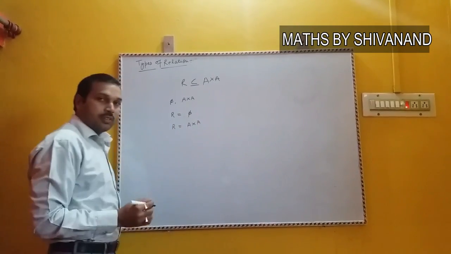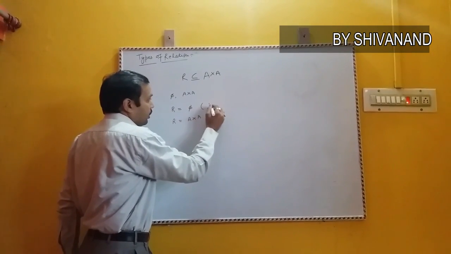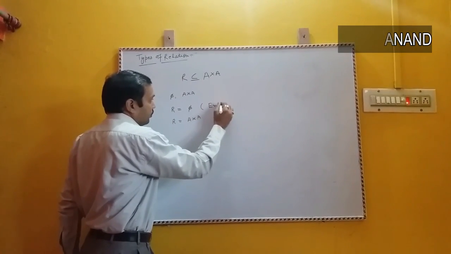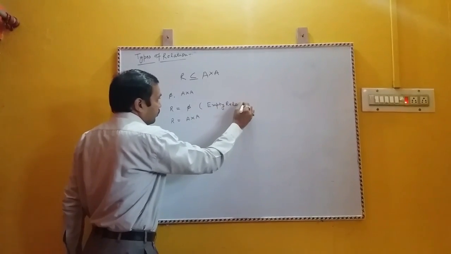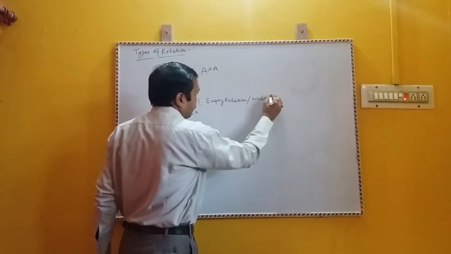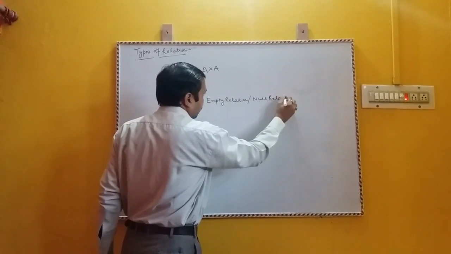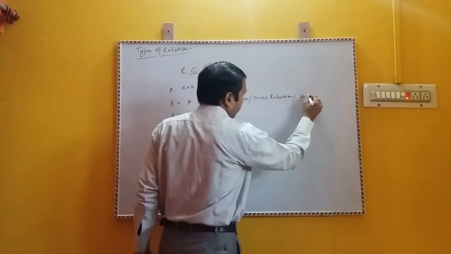R equal to phi is called an empty relation, or null relation, or void relation.